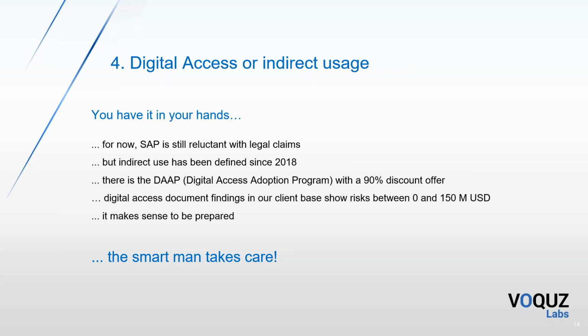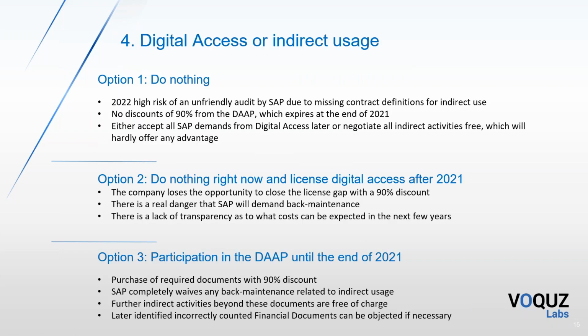I'm not saying they're paying $150 million US. This is clearly a case for a special negotiation, but this is definitely something relevant. It makes sense to be prepared, and you just need to understand where you are today. Do I have an issue with digital access, or is this a non-issue in my company?